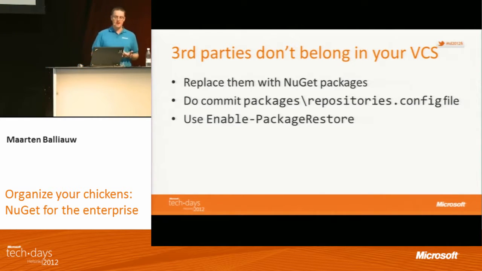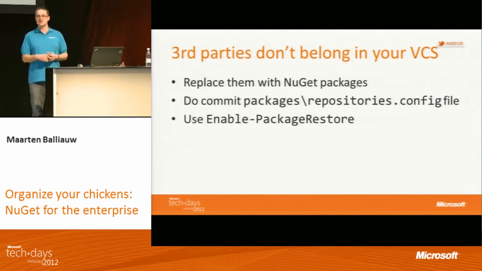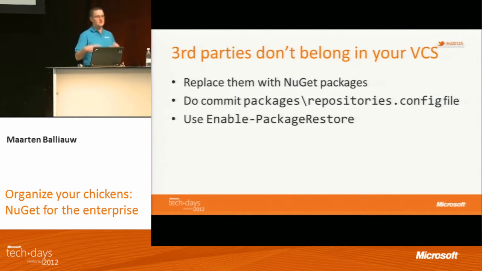And also, under the packages folder, you will see a repositories.config file, which is basically just a reference to where NuGet found which package. So if you have multiple feeds, NuGet will say, well, I found this package there, I found this package over that feed. So it is probably interesting to include that one in your source control.